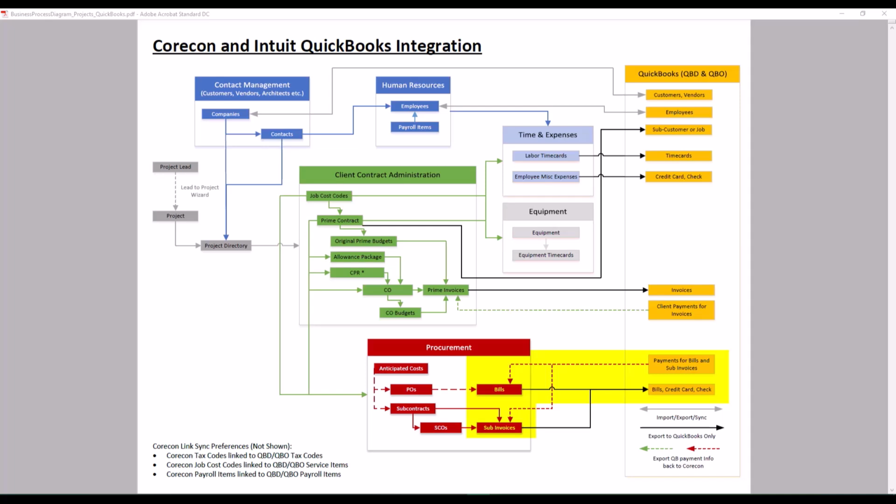Again, basic information including the most recent transaction date and any cumulative payments made after that transaction was exported to QuickBooks Online. Notice that purchase orders and subcontracts themselves do not export to QuickBooks Online. Only the bills and sub-invoices will export.